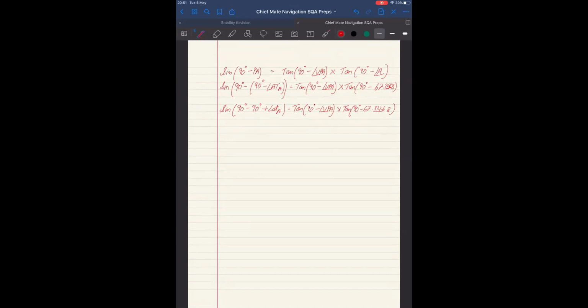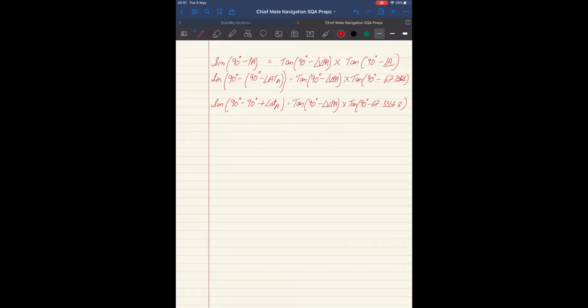So let's solve without the solve function by transposing the formulas. 90 degrees minus 90 degrees is nothing but 0 degrees.